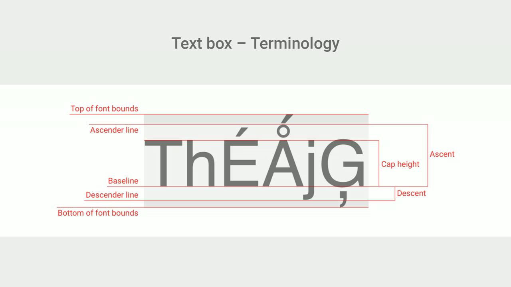So baseline, at least in Latin scripts, is where the bulk of the text resides, this virtual line. This is not true for all the scripts out there. Some Indic scripts that have a little bit more vertical variety, the baseline is slightly below what we would usually consider, if you come from the world of Latin scripts, where the bulk of the text resides. We have the ascender line and the descender line, which again for Latin scripts is kind of like the true bounding box of the text.